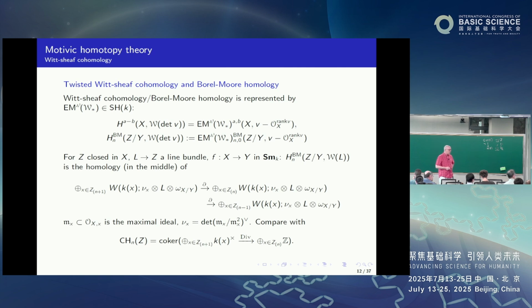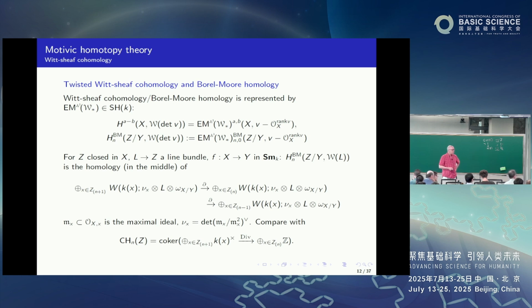Well, what are these? What's this ν? This ν is the normal bundle: you take some dimension n subvariety. At the generic point, it's smooth. It has a normal bundle in X. So that's this ν_X. That's the determinant of the normal bundle.